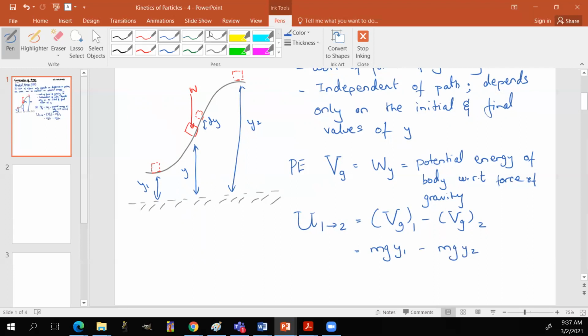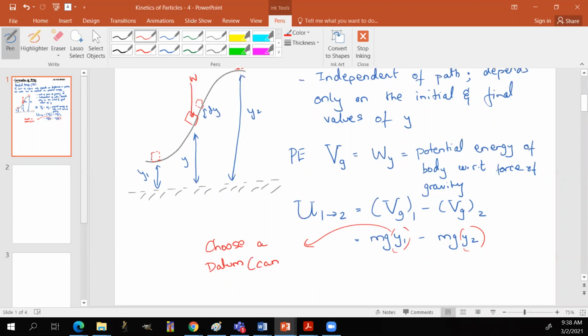But what you have to remember is that when you're finding out these y1 and y2, you have to choose a reference line, right? And that reference line is called a datum. Ultimately, it does not really matter when you're looking at gravity where you choose the datum, right? So this choice of datum can be completely arbitrary, right? Because it's a constant point.